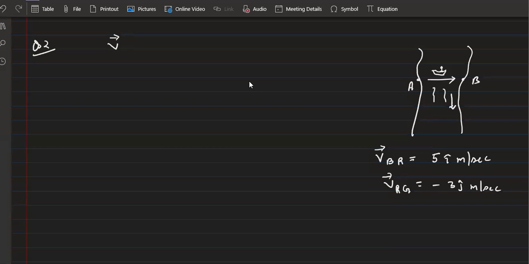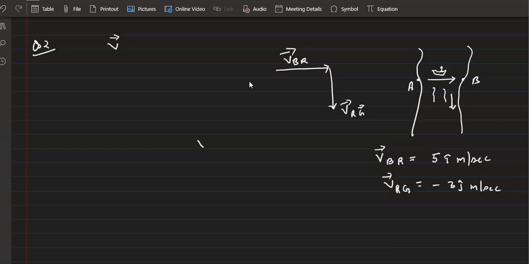Let's redraw this as vectors. This is the vector of velocity of boat with respect to river, and this is the vector of velocity of river with respect to ground. So what will be the resultant velocity?